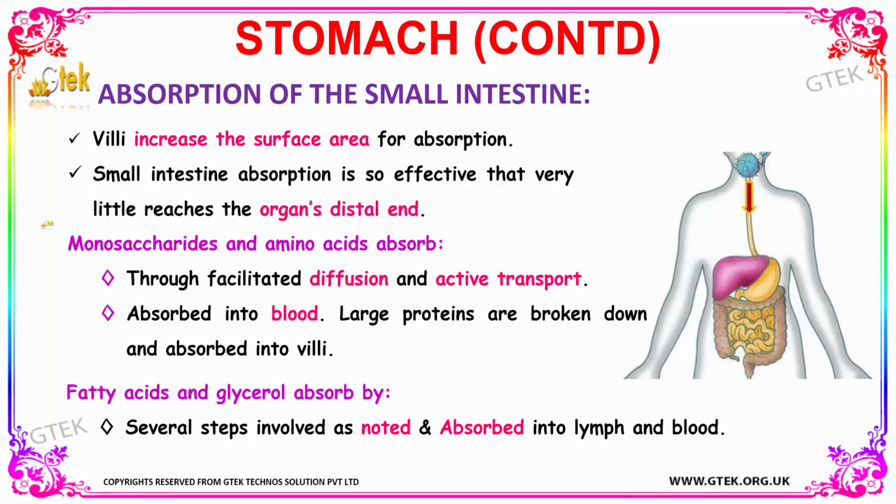Your small intestine has the monosaccharides and the amino acids, which are absorbed by your small intestine through the villus. And how does the villus absorb? That is done by diffusion and active transport.